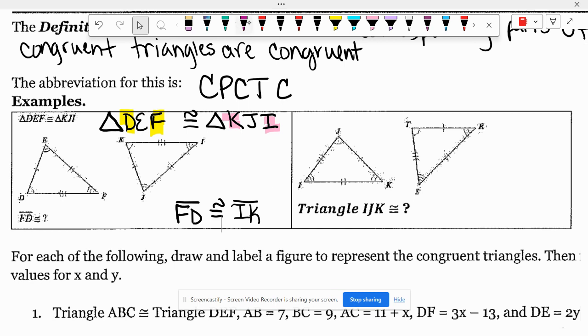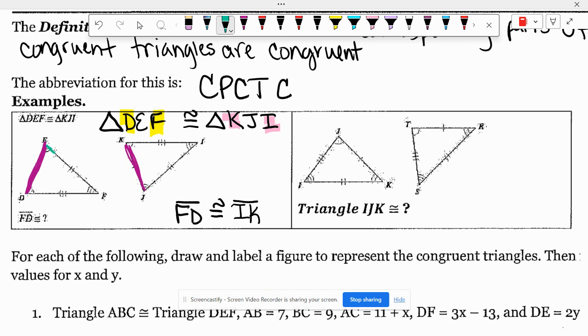So now let's show that. Well, triangle DEF is congruent to triangle KJI. So side DF corresponds with side KJ. That means they're congruent to each other. I don't know if the colors will help you.